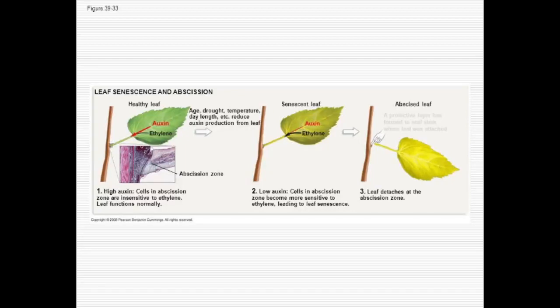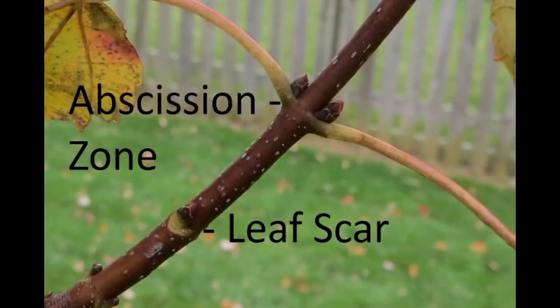When the plant is then exposed to ethylene, gene expression of cell wall degrading enzymes such as cellulase and polygalacturonase is activated. Ultimately, it ends with the abscission of leaves and formation of a scar which prevents the entry of pathogens. So this is the mechanism behind abscission.